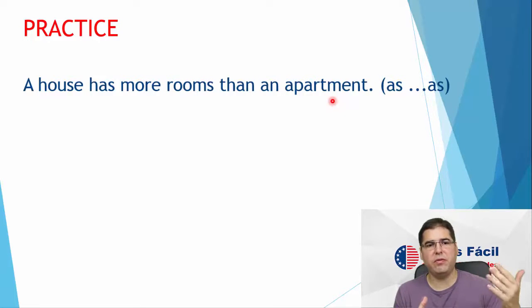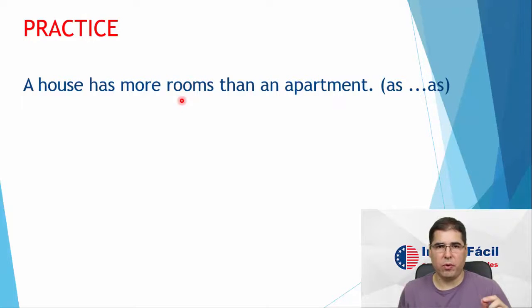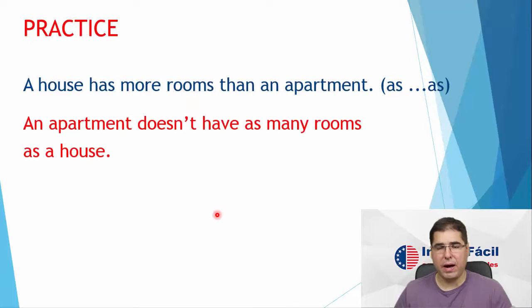They have different characteristics. So it has to be in the negative. First thing we know. Now, rooms. Rooms is a count noun, right? I can count rooms. So I'm going to use as many as, and the sentence goes in the negative. So, an apartment doesn't have as many rooms as a house, okay?